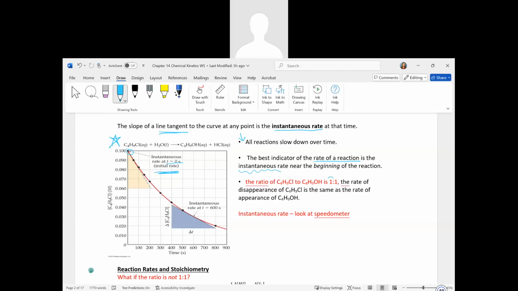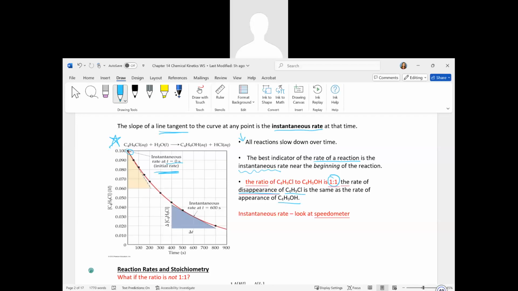We see that these reactants and products are in a 1-to-1 ratio. So our rate of disappearance for chlorobutane is the same as the rate of appearance of butanol.